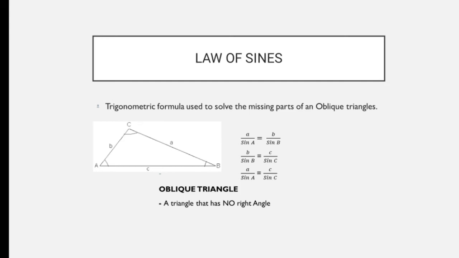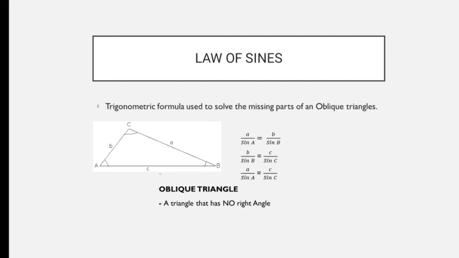So it doesn't matter where we are going to start to write the letters. However, the sides should correspond to our angles, which means our big letter A or angle A should be opposite the side a. The big letter B will be opposite the small letter b, and the big letter C will be opposite the small letter c, for us to be able to use the law of sines.